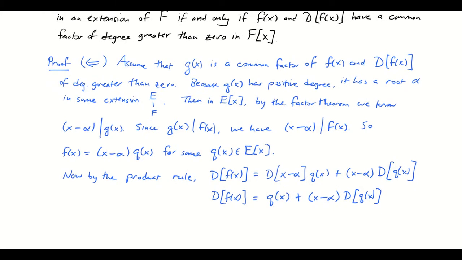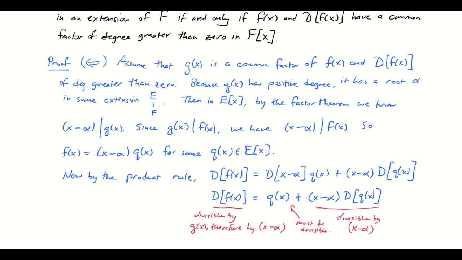Okay, but look, we know that the derivative of f of x is divisible by g of x, by our assumption, and therefore also by x minus alpha, because x minus alpha is a divisor of g of x. And we also know that this term, x minus alpha times the derivative of q of x, is divisible by x minus alpha, because, well, there it is. So that means that because these two sides are equivalent, this also must be divisible by x minus alpha.